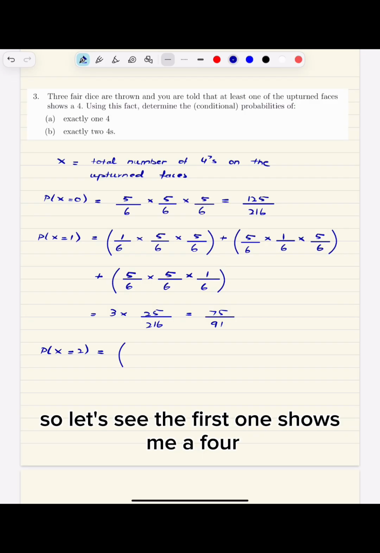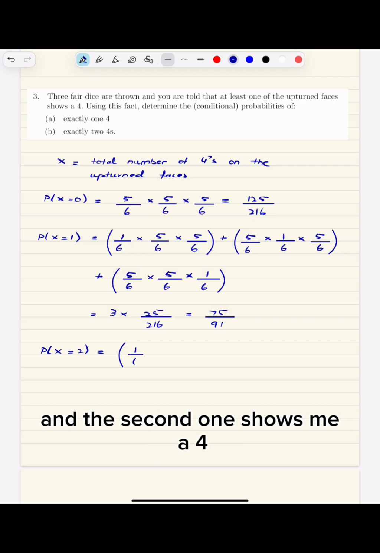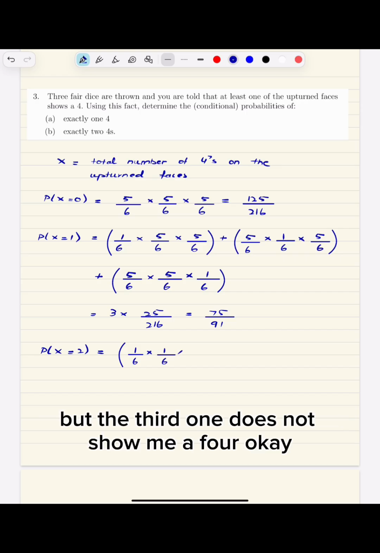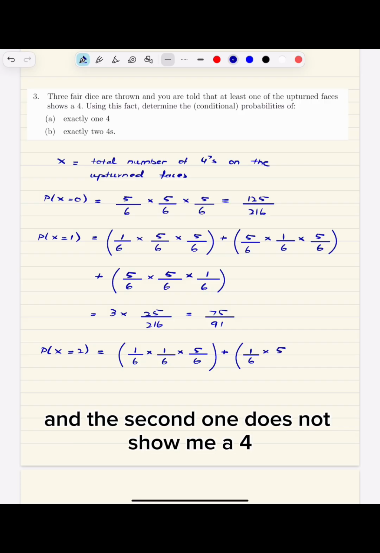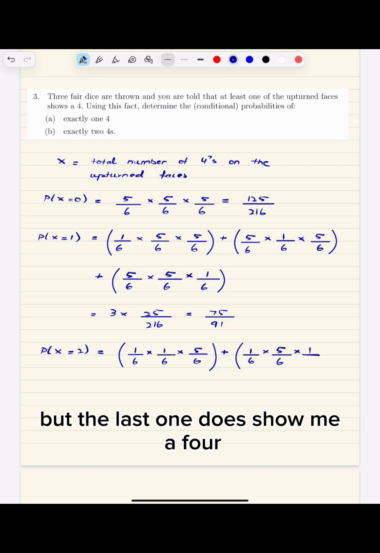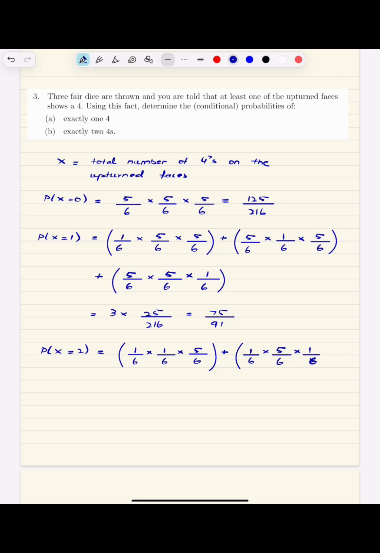The first one shows me a 4 and the second one shows me a 4, but the third one does not show me a 4. Okay, this is one possible scenario. Then the first shows me a 4 and the second one does not show me a 4, but the last one does show me a 4.